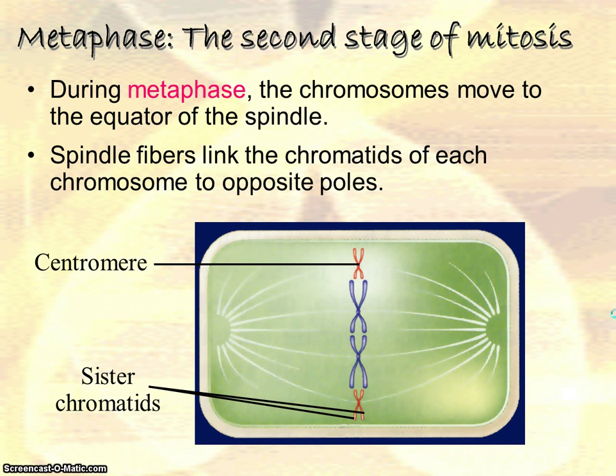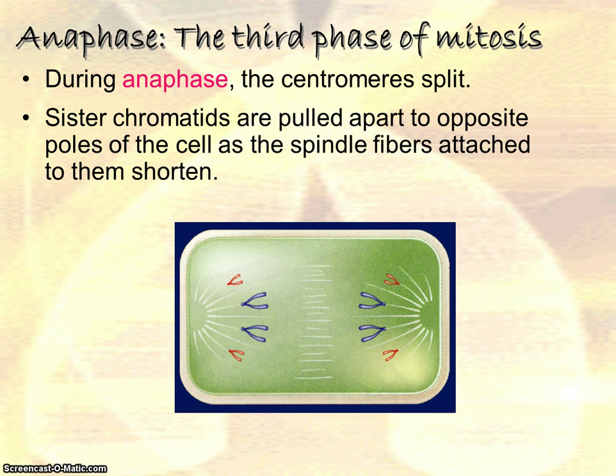So that's metaphase. And then in anaphase, which is the third stage of mitosis, the spindle fibers are going to pull those chromosomes apart. Notice that here is a sister chromatid and here is a sister chromatid. This used to be one chromosome. But in anaphase, it's actually splitting them apart, and the spindle fibers are pulling them into opposite directions of the cell.